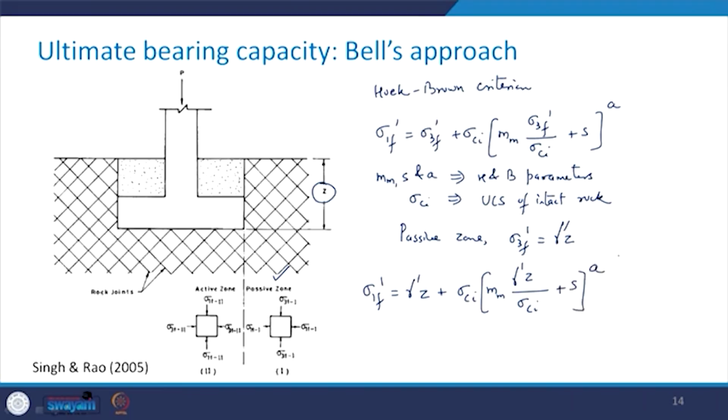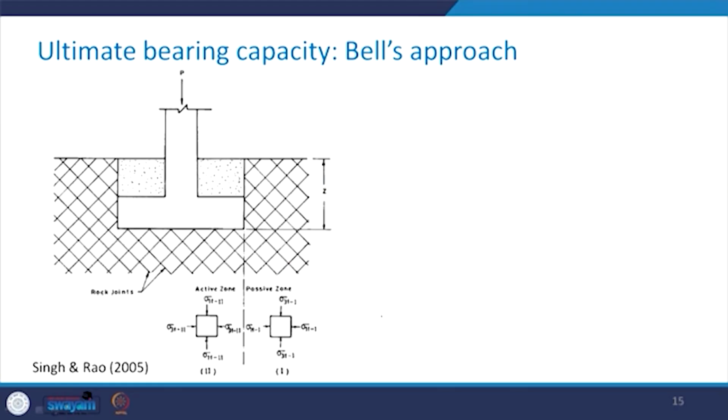The Hook and Brown parameters will be known to me, and knowing this overburden and therefore sigma 3f prime, from here I can determine sigma 1f in the passive zone. Now what will happen in case of the active zone?